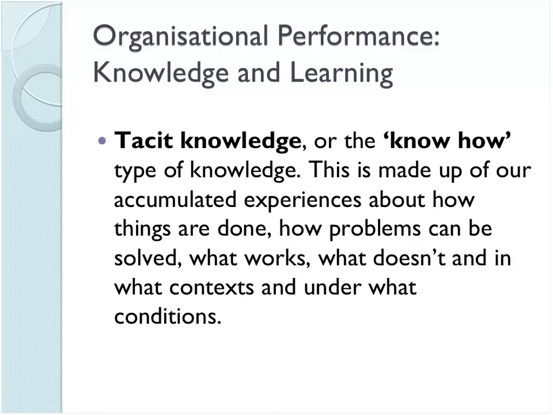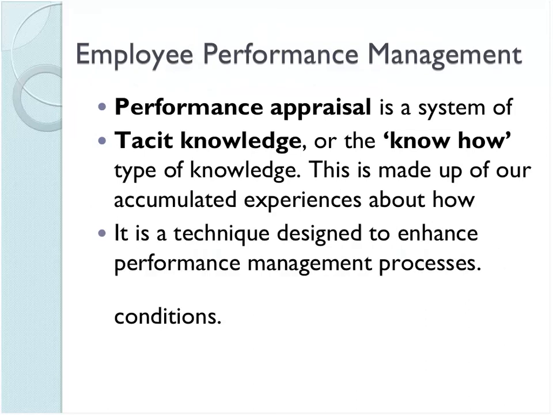We have some project, and under the project, we can give some recommendations on how we can solve some kind of problems, how we can achieve the objectives, what kind of strategy we can use in this kind of project. This is tacit knowledge about know-how. So I hope you understand the two types of knowledge: tacit knowledge and explicit knowledge.